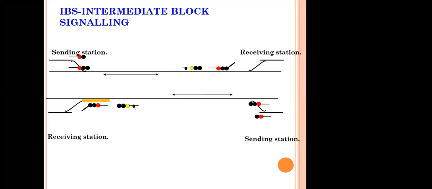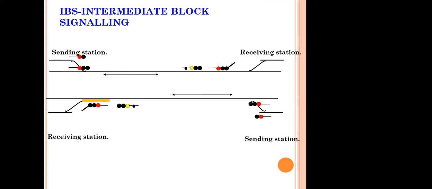Hence, before going to the automatic section, I wanted to create an intermediate block system. In the same block section of 10 kilometers, how to run two trains? The absolute block system defined one train at a time, but now I wanted to run two trains here. For that purpose, the intermediate block signaling system was introduced.